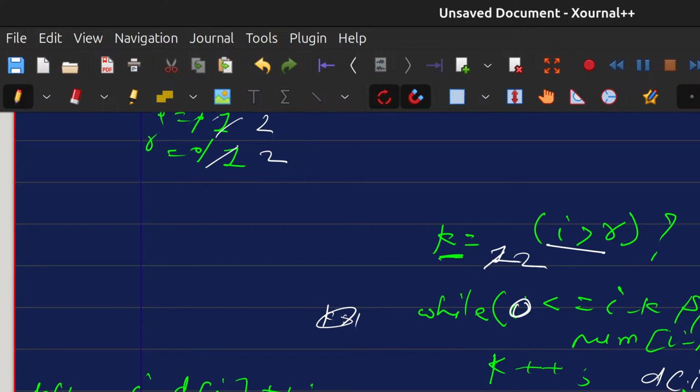Window k is 1, window size is k. Okay, so minimum of d1 l minus r comma I minus r minus I plus 1. Okay, left plus r. Okay, so that's how it solves, right?